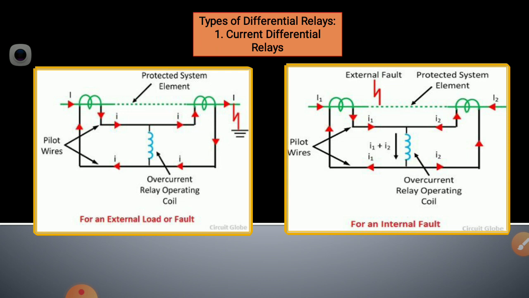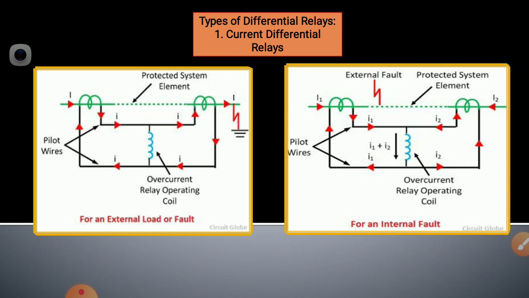Then a pair of CT, that is the current transformer, are fitted on either side of the section to be protected, and the secondaries of the CTs are connected in series with the help of pilot wires, and in such a way that they carry the induced currents in the same direction.